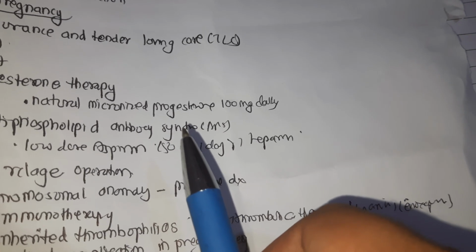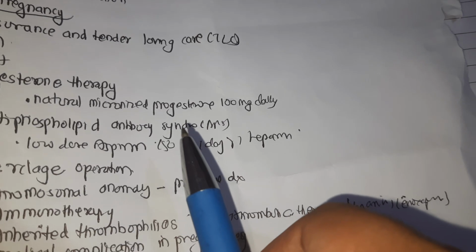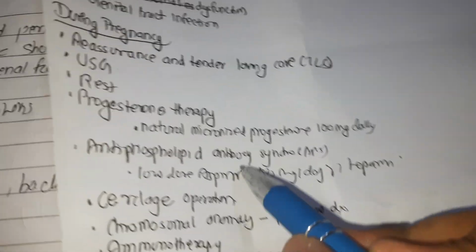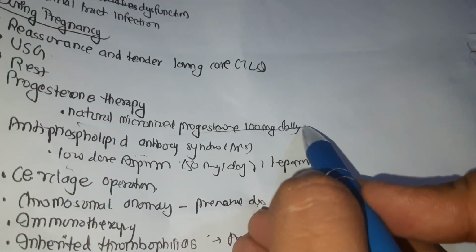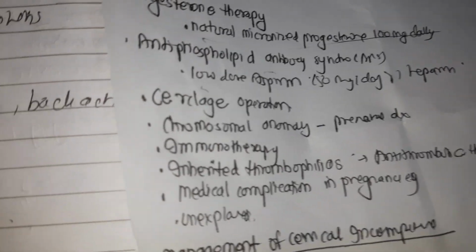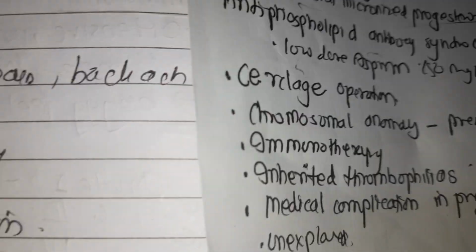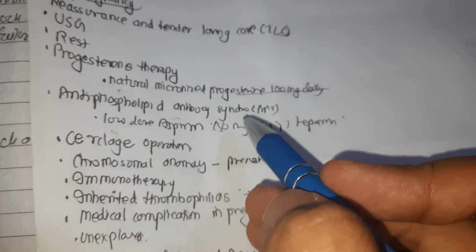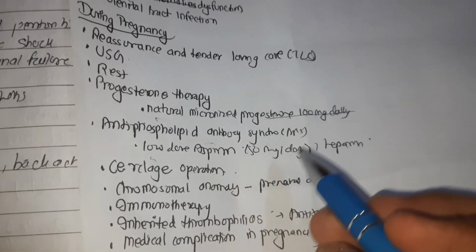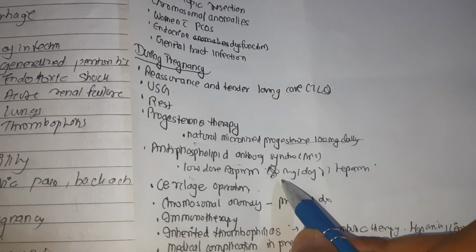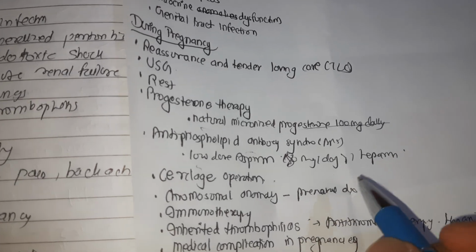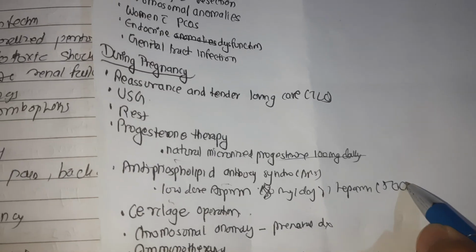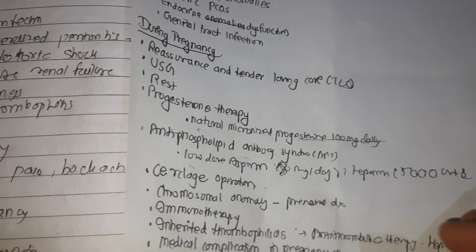The benefit of HCG therapy in recurrent miscarriage is not established, and HCG stimulates the corpus luteum to produce progesterone. So progesterone therapy is natural micronized progesterone daily. Then for the antiphospholipid antibody syndrome, the women are treated with low dose aspirin of around 80 milligram per day, and we should give heparin 5000 units subcutaneous twice daily up to 34 weeks.